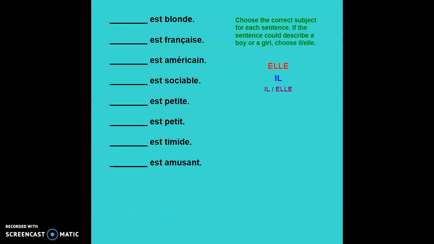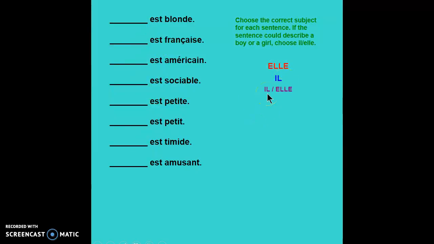So let's do a little practice. For each of these sentences, I'd like you to choose the correct subject. Could this sentence be describing a female? Elle, she. Could these sentences be describing a male? Il, or he.